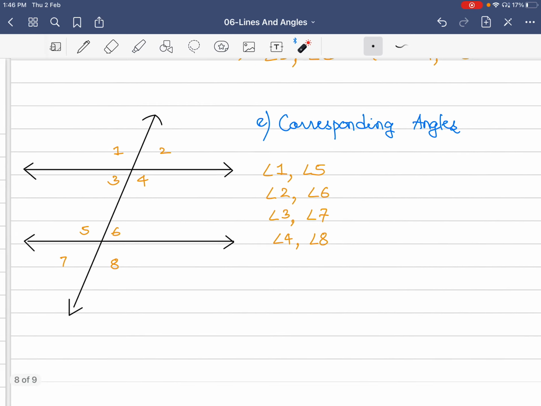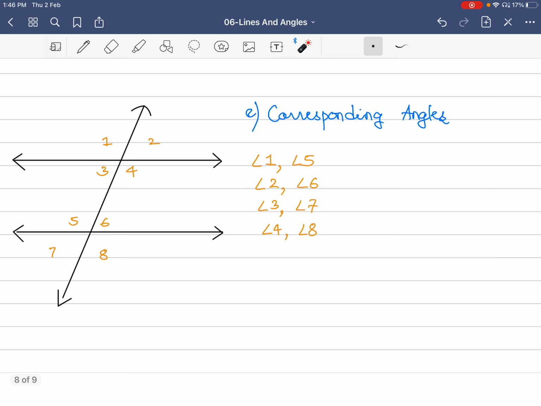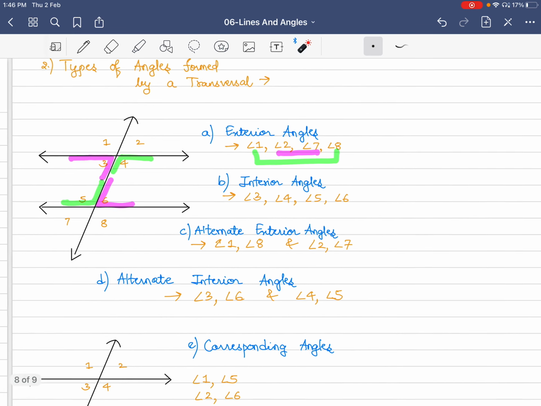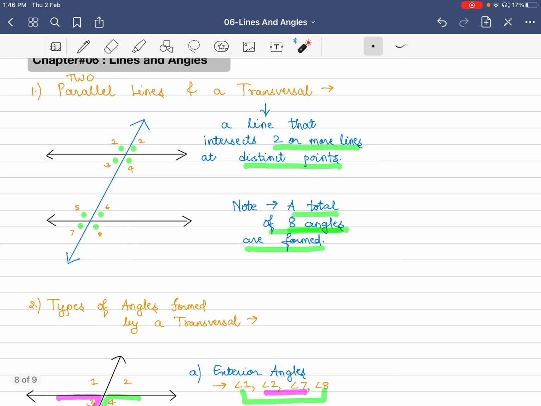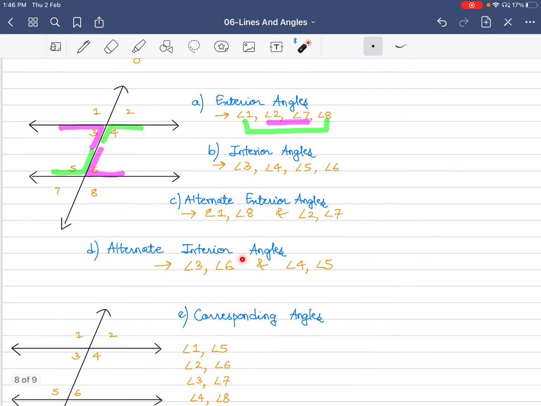And then we saw corresponding angles: 1 and 5, 2 and 6, 3 and 7, and finally 4 and 8. So this completes the different types of angles that a transversal makes when there are two parallel lines. In the next videos, we'll see the interesting properties that all these different types of angles have with one another.